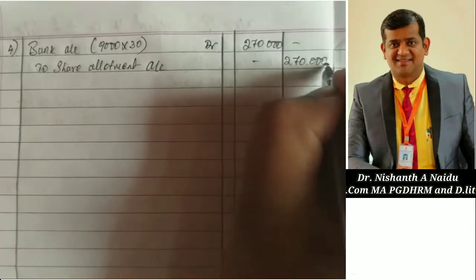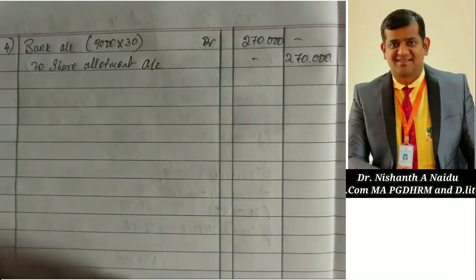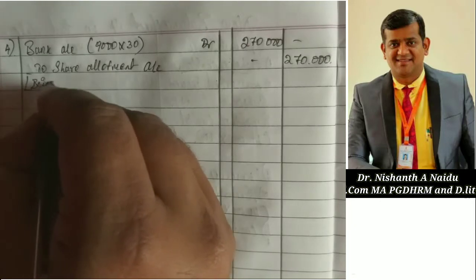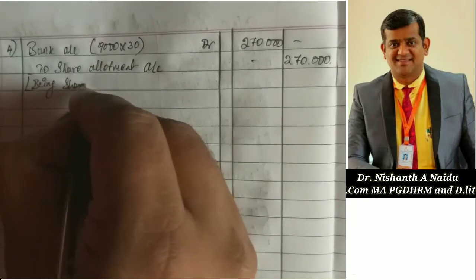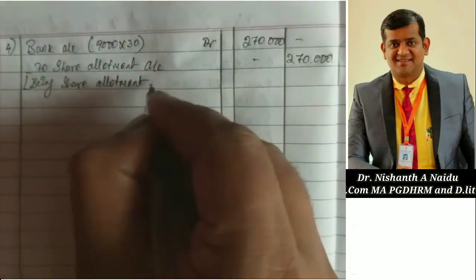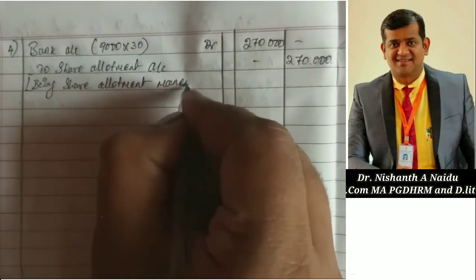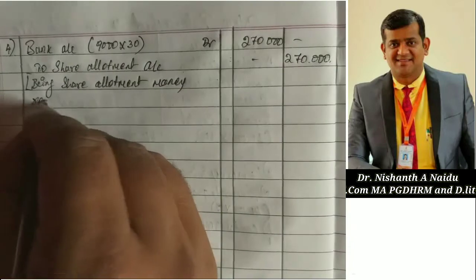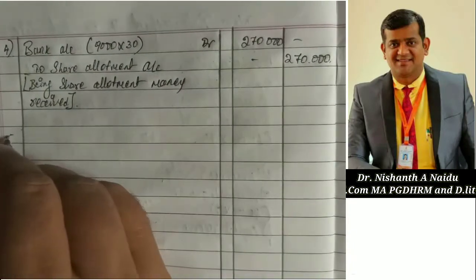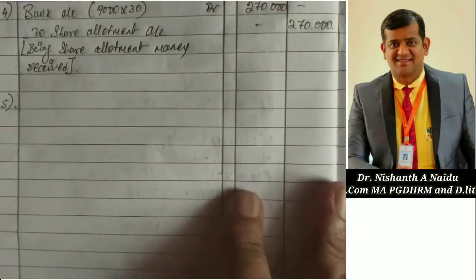Discount should reflect only in the due entry, not in the receive entry. Okay, so being share allotment money received.